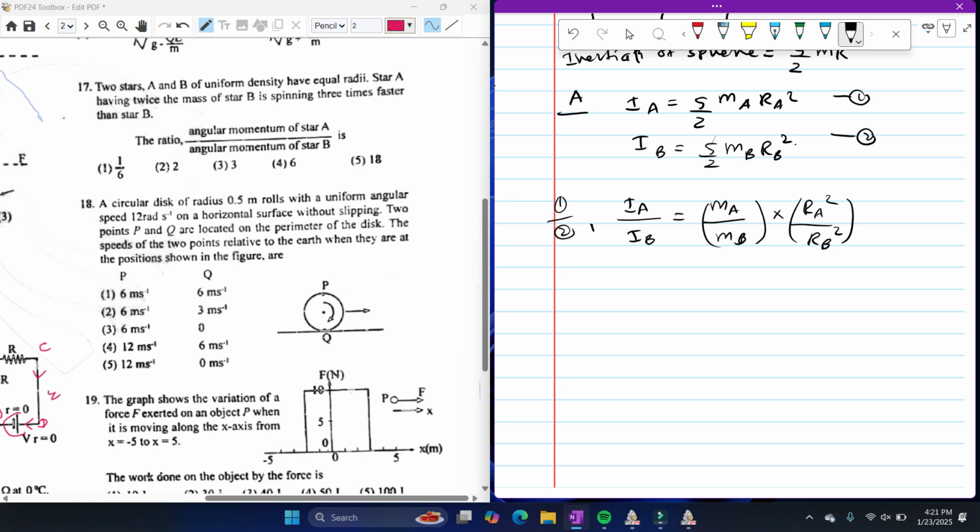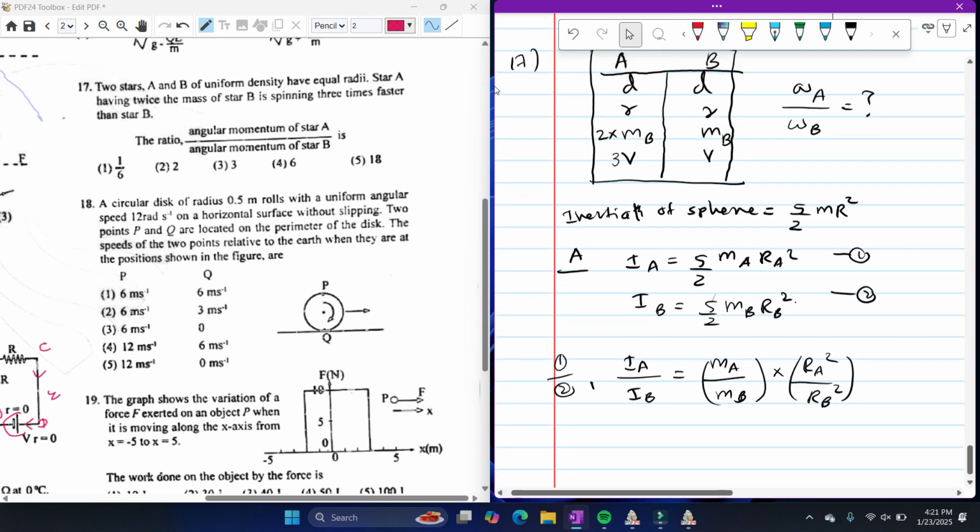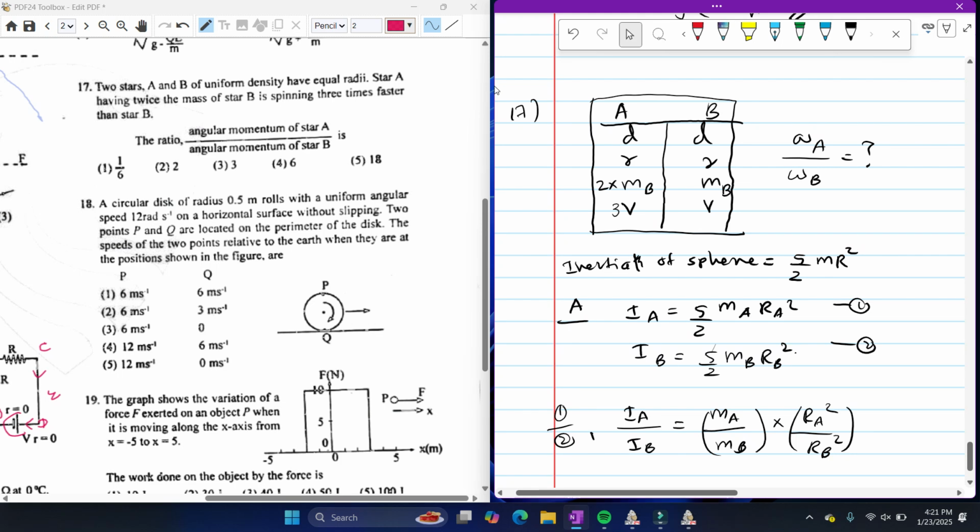Afterwards, we know that the radii are equal. Let's consider RA and RB. Radii are equal, so let's say R, that's also fine. Here this is actually R squared divided by R squared, so that is 1.